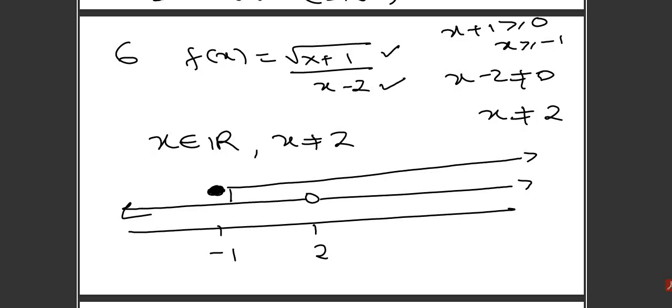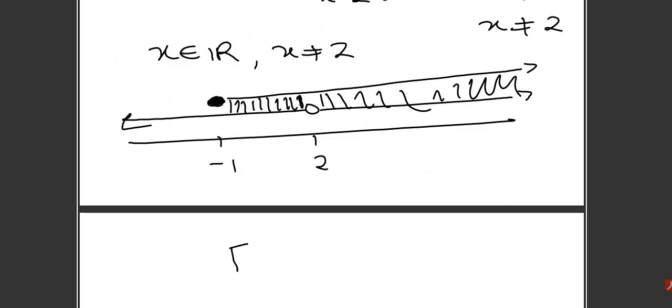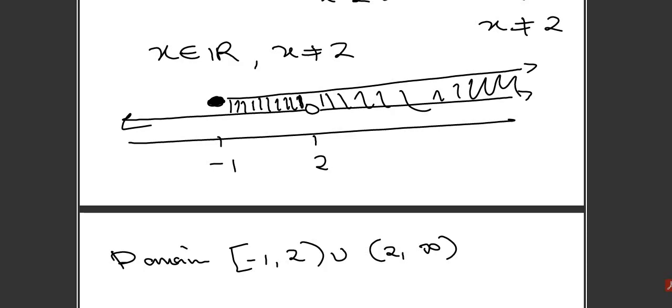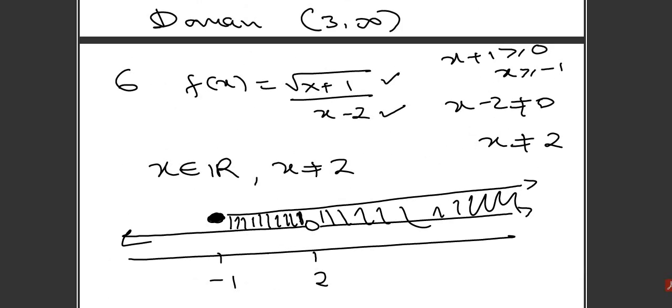In short, what's their intersection? So the intersection is from negative 1 to 2 and also 2 to positive infinity. So this will give us the domain to be closed from -1 to 2 open, union, open from 2, then to positive infinity. This is how we would get the domain when there's a combination of a radical expression in a rational form like this.